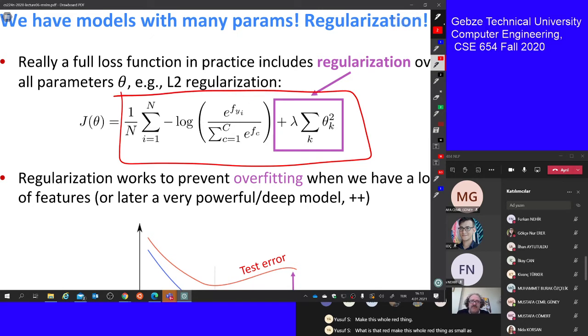So the first part is about our softmax decisions: try to make the correct class probabilities as large as possible so that the negative log is small.